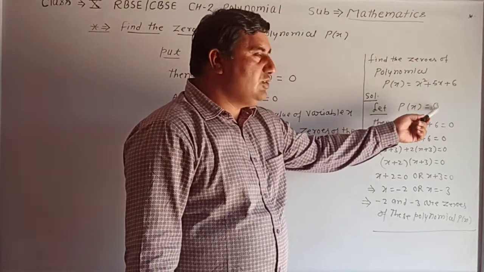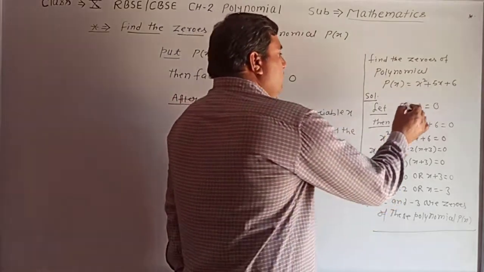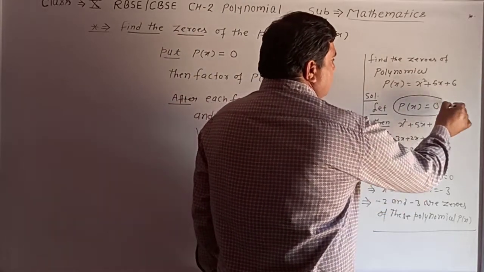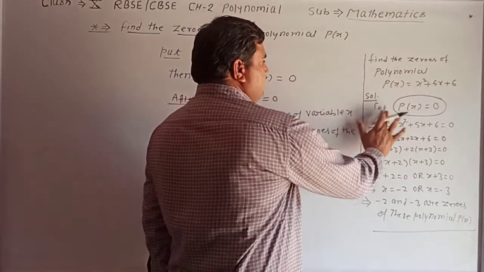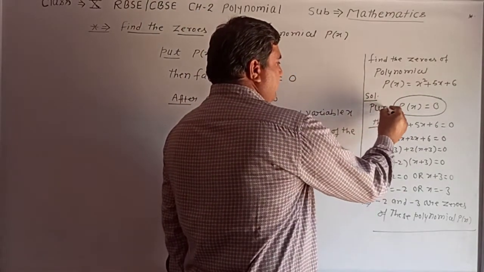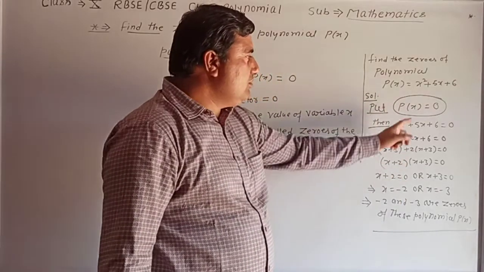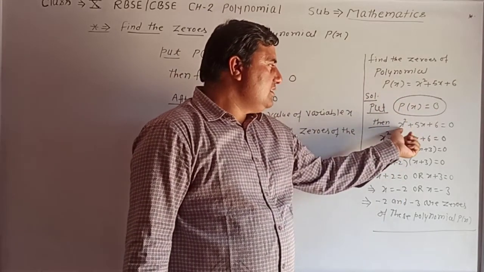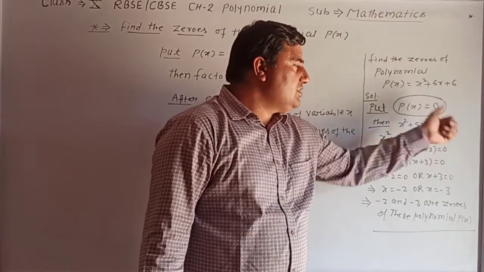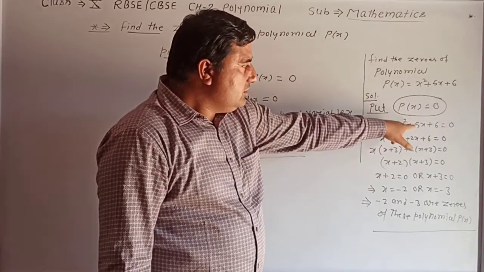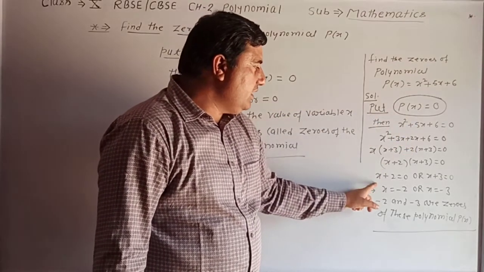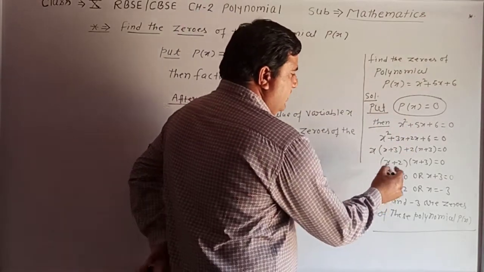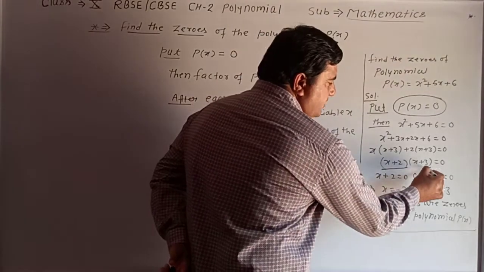Let P(x) equals to 0 to find the zeros of the polynomial. So put P(x) equals to 0, then x square plus 5x plus 6 equals to 0. Factoring this quadratic polynomial, the factors are x plus 2 and x plus 3.